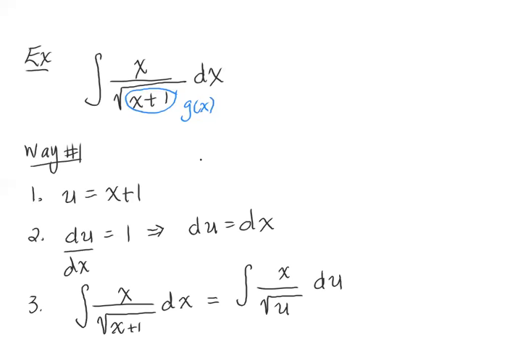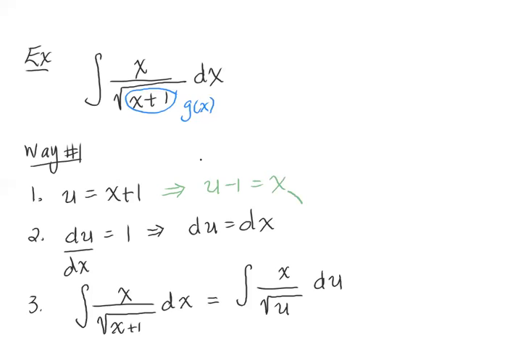Now, it looks like I still have an x in this integrand. How could I take care of that? Well, let's look back up at step 1. And you might note that since u is equal to x plus 1, if I subtract 1 from both sides, that means that u minus 1 is equal to x.